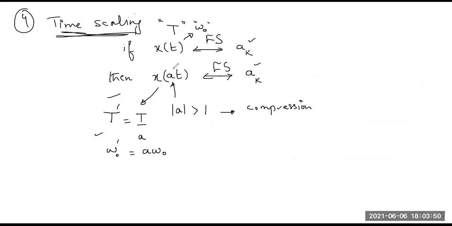Now the question is, what is going to be the Fourier series pair of this? We can make use of the same result, the general relationship between ak and x of t, where the Fourier series coefficients ak are represented by this form.